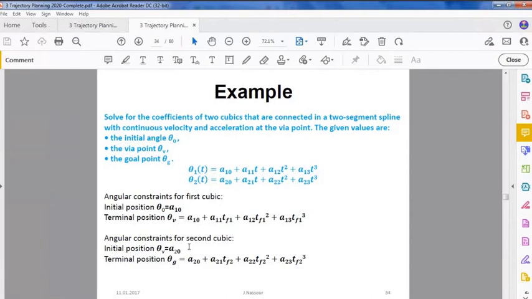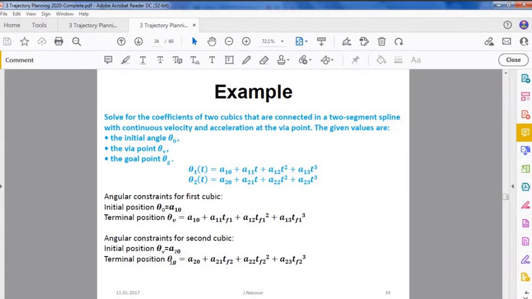Okay, A20. We take equation number 2. So theta via point equal to A20. The time here cancels, so you are left with only A20. The position of A20 will be given in the question.